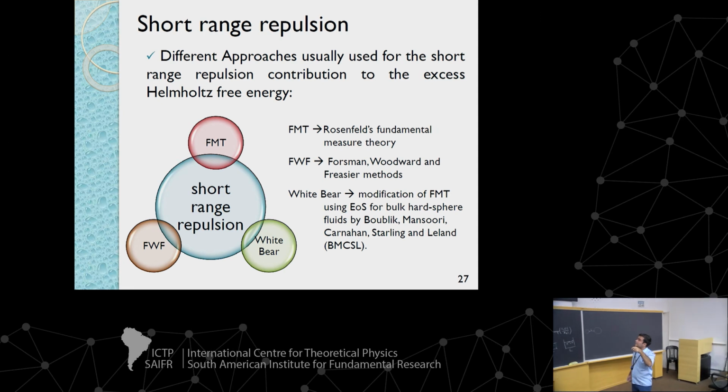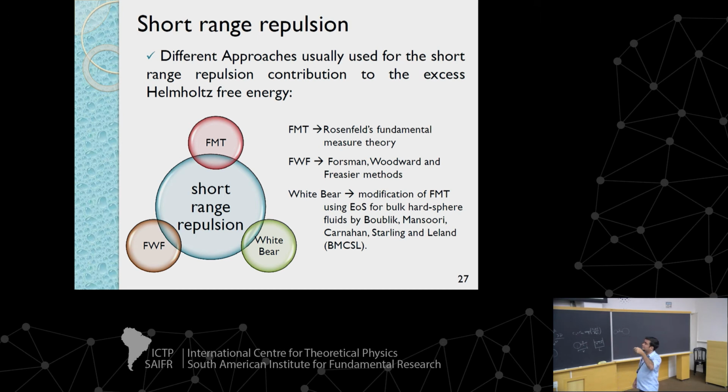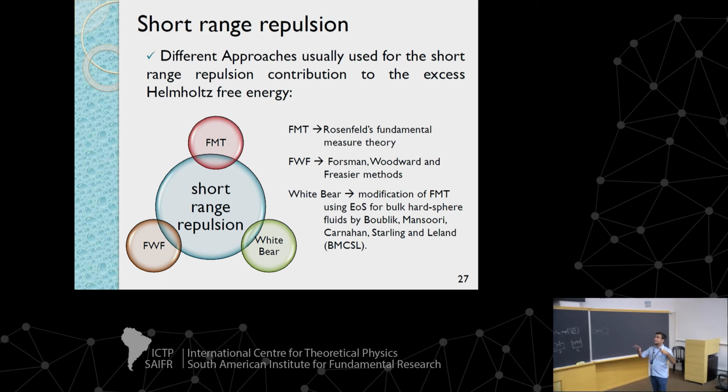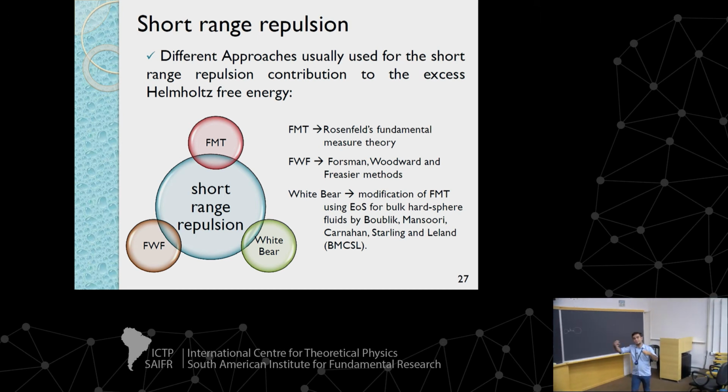And there is another approach proposed by Forsman and coworkers. And the one we use is the so-called White Bear, a modified FMT using that same equation of Boublik, Mansoori, Carnahan, Starling, and Leland equation of state. Okay, so that's how we account for it, and this comes naturally. This is naturally introduced in the DFT theory.